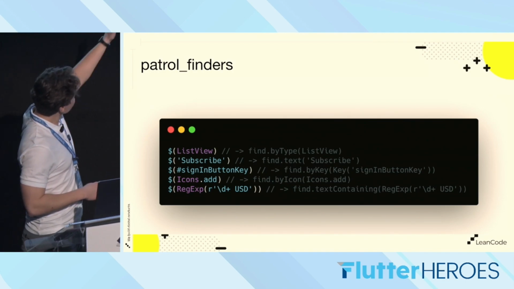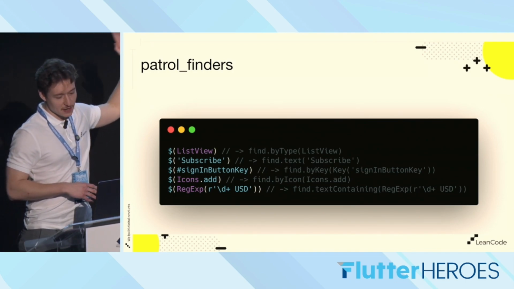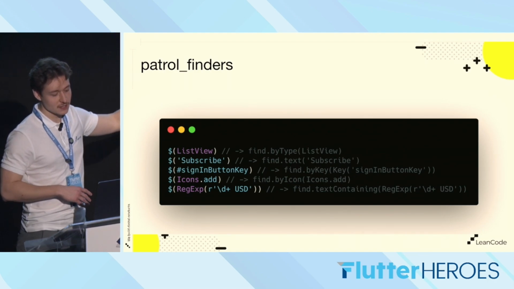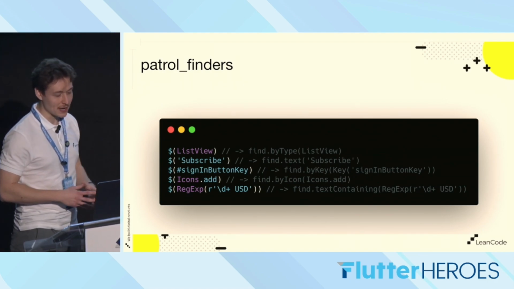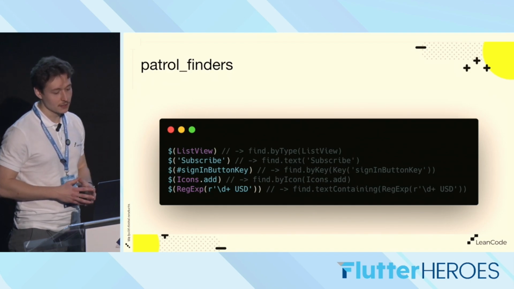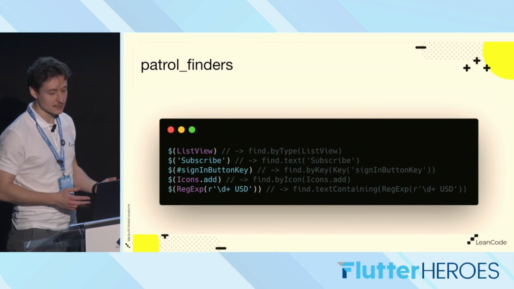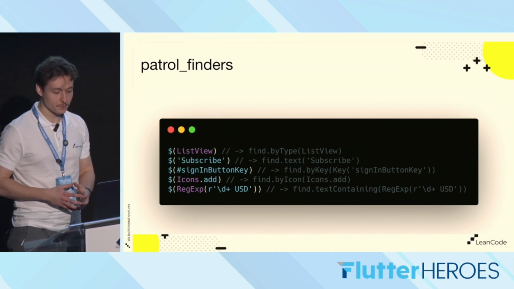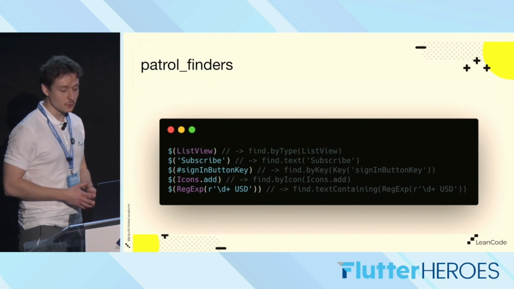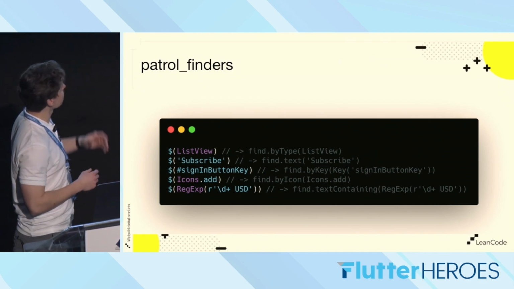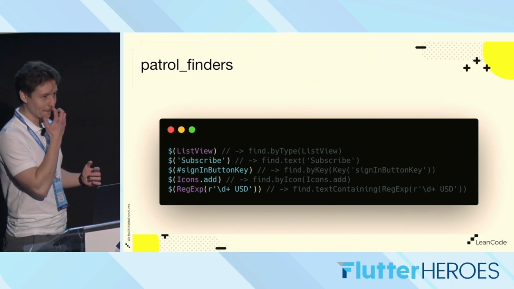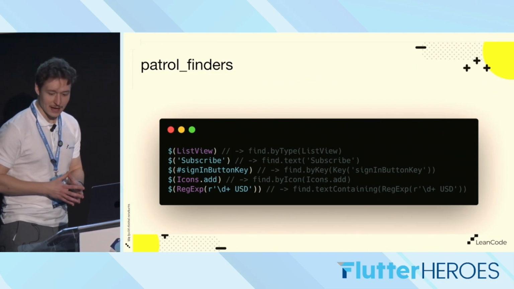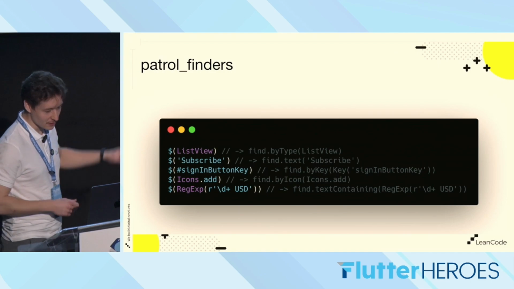So as you can see, our Patrol Finders are translating to Flutter Finders. It depends on the type of the object that you pass. If you pass a type, we will find by type. If you pass a string, we will find a text. If you pass a symbol, it's a pretty old Dart syntax, maybe some of you know it from the days of the mirrors package in Dart.